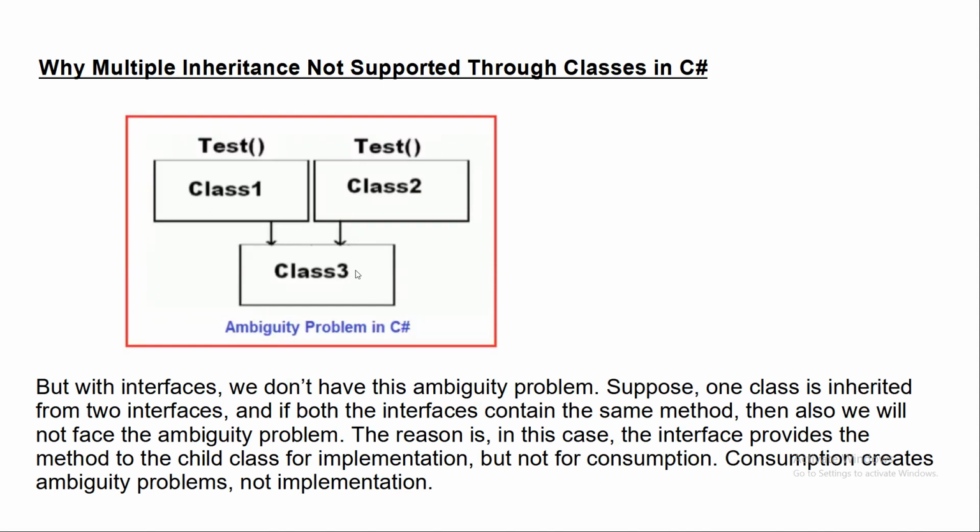So tell me which method it executes. The compiler will be in a dilemma: I see the test method in two classes, which one do I have to invoke? It's ambiguity. I do not know which method to invoke, either from class 1 or class 2.